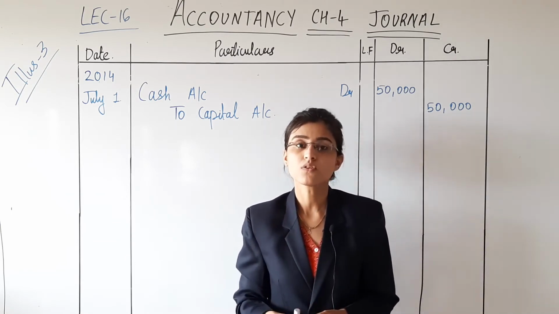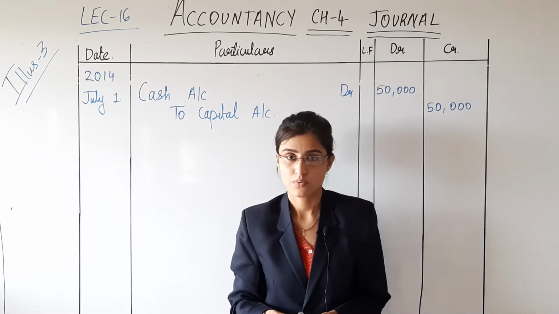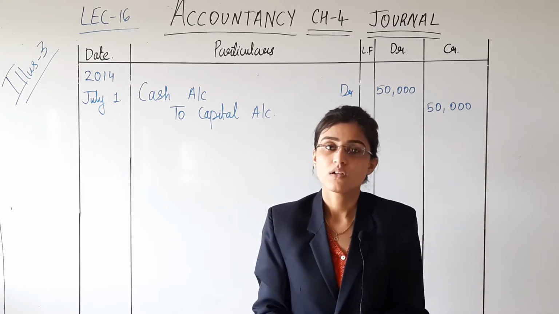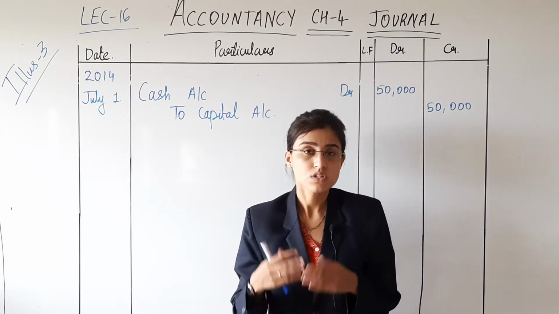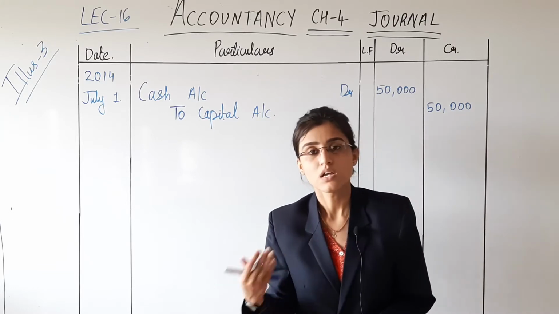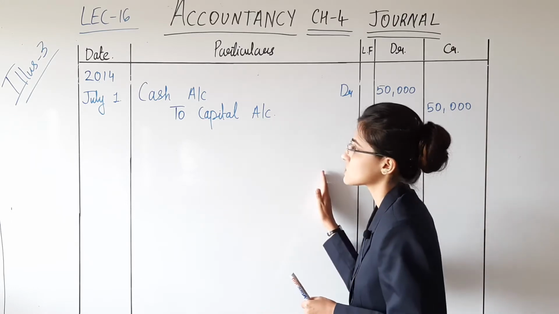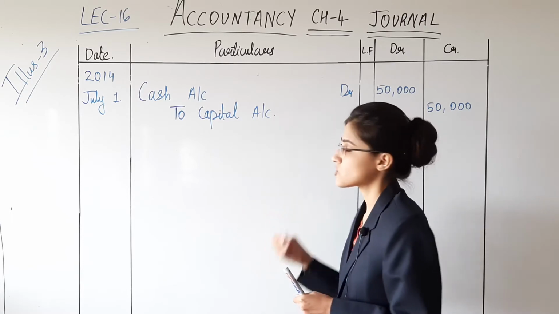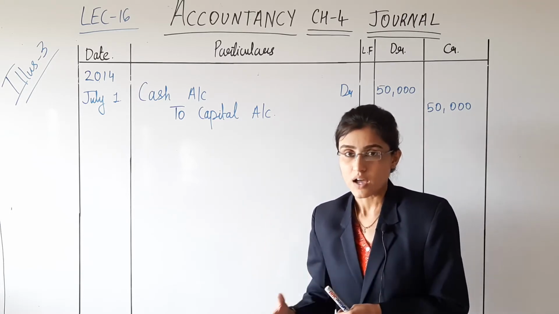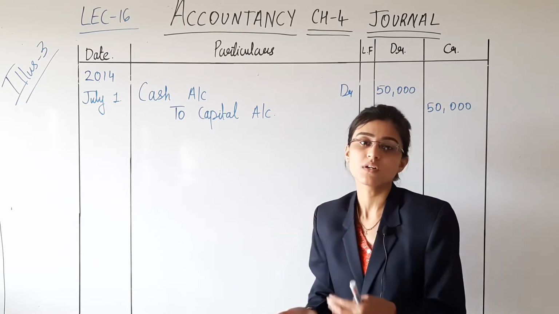If you are talking about the narration, introduced 50,000 and commenced business, you should be able to write narration on your own by now. Once you get habituated, you will be able to write it on your own. Till then, you can read the given narration in your textbook. From now onwards, I am not going to write narration here because it is extremely simple and easy. We are not wasting our time writing narration which is completely similar to the given transaction.